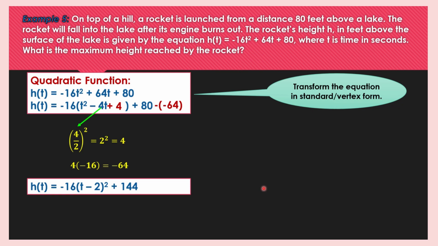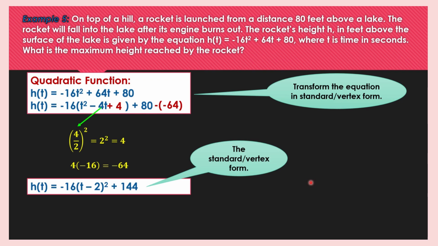So the equation will now be h of t is equal to negative 16 times the quantity t minus 2 squared. The perfect square trinomial is made into a square of binomial, and 80 minus negative 64 is positive 144.